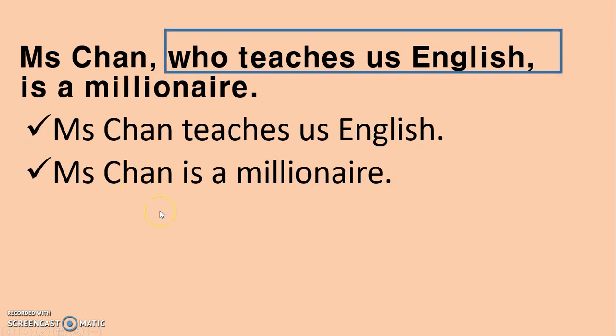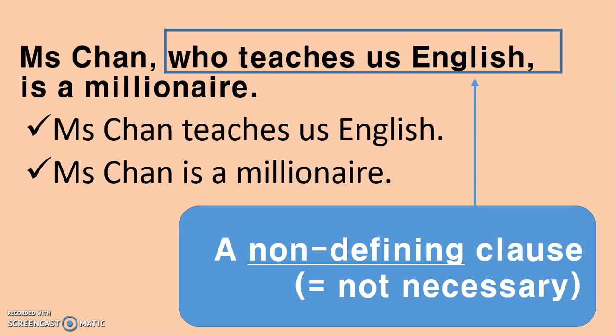In this case, the relative clause who teaches us English is called a non-defining clause. This term may sound very complicated, very sophisticated, but don't worry. It just means that it's not necessary for us to identify who Miss Chan is.